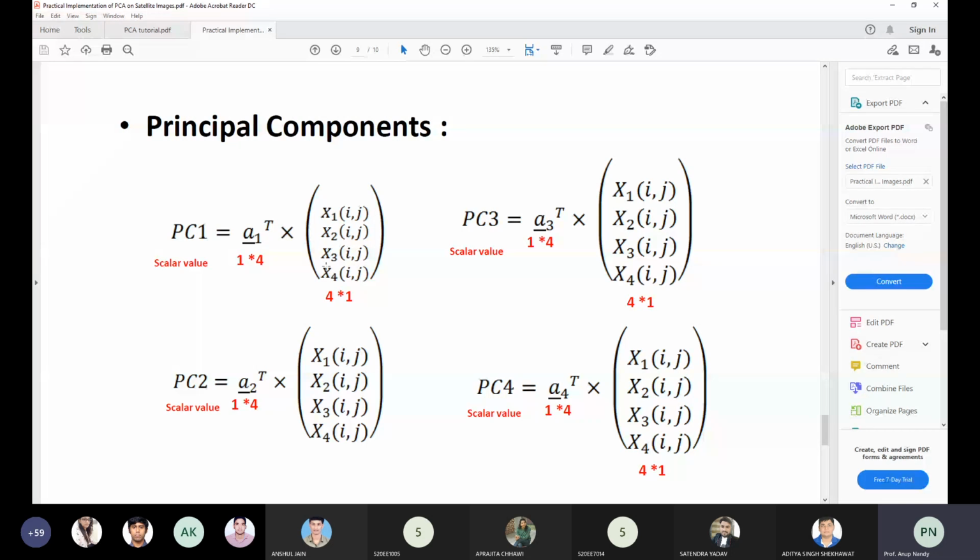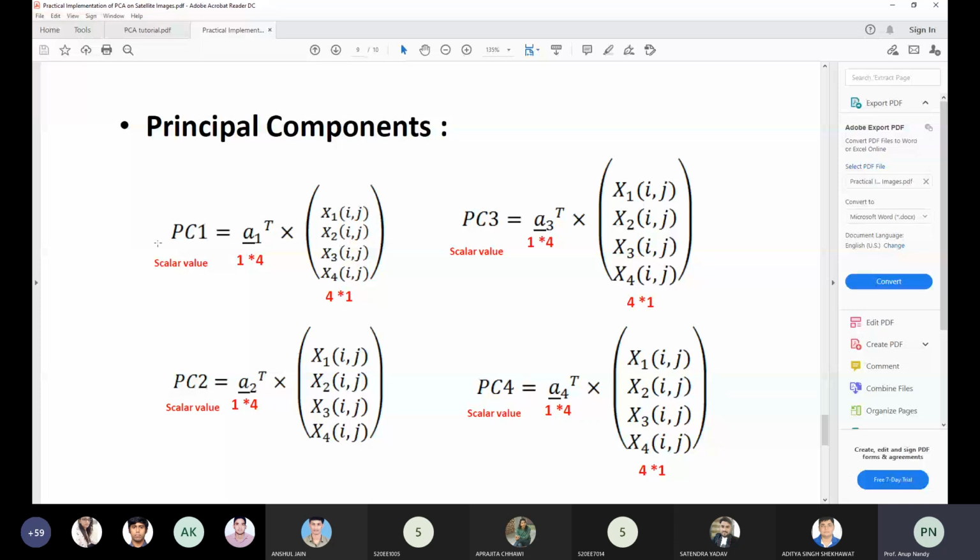So 1 cross 4 into 4 cross 1 gives one scalar value. You have to make a loop for i equal to 1 to 512 and j equal to 1 to 512. For each iteration you will have only one value, and that many iterations give that many values.